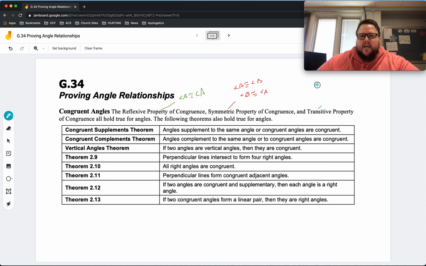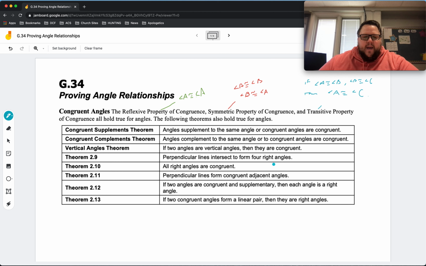It says this: angle A is congruent to angle B. So this is an if statement. If angle A is congruent to angle B and angle B is congruent to angle C, then angle A would be congruent to angle C.